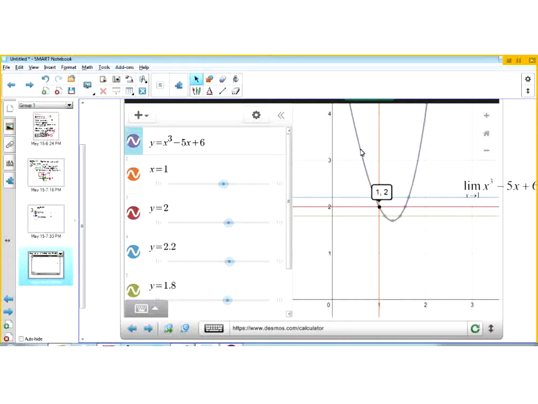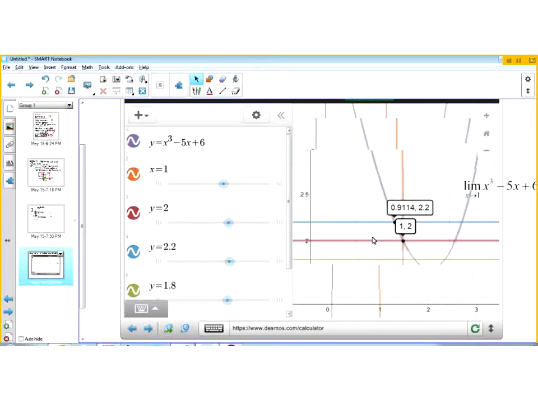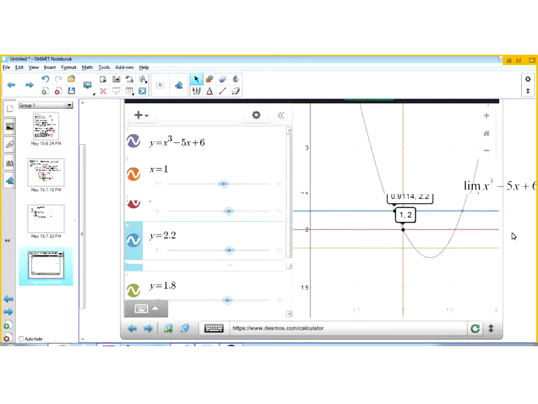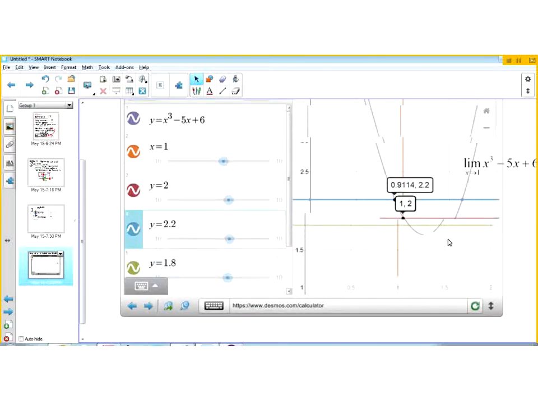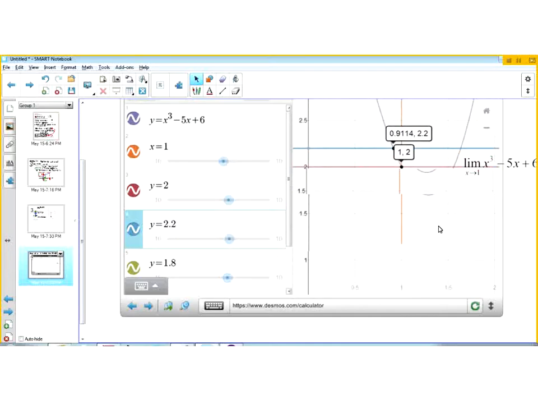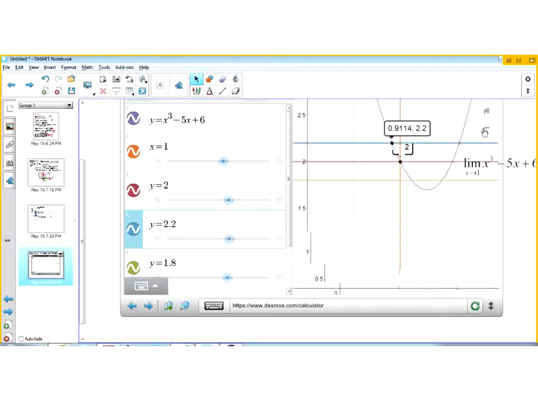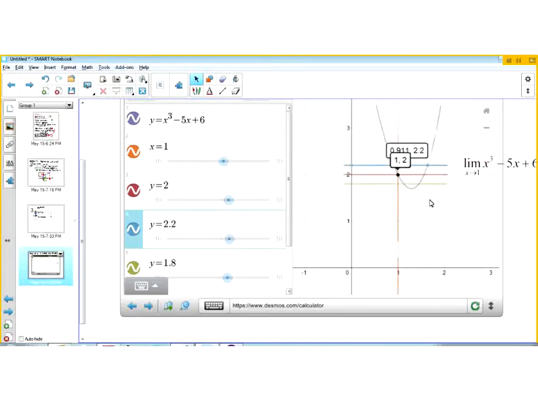So will that go away? Why are these things not moving? Okay. Yesterday I couldn't get them to stay. Now I can't get them to go away. Let me zoom out.